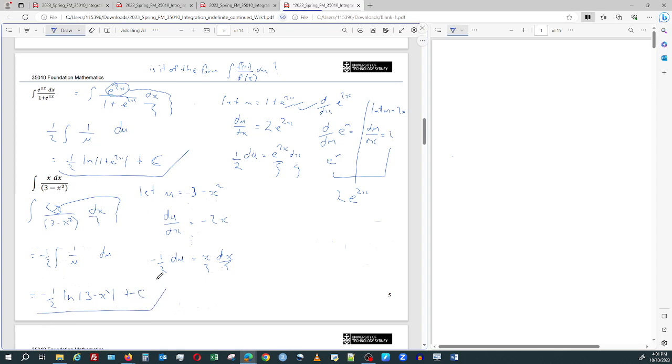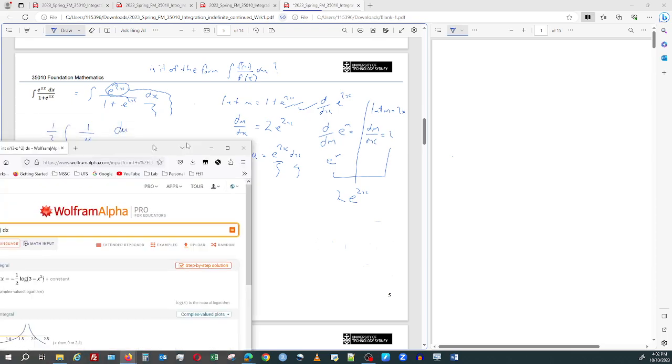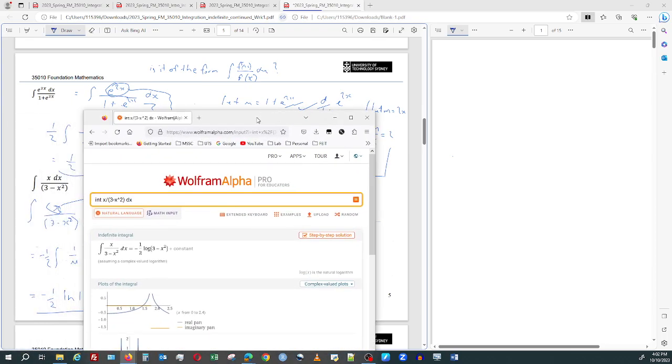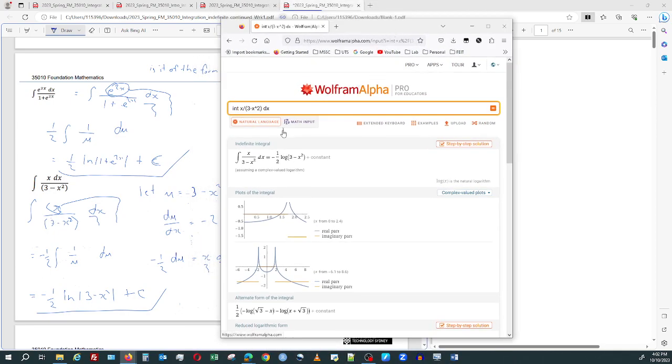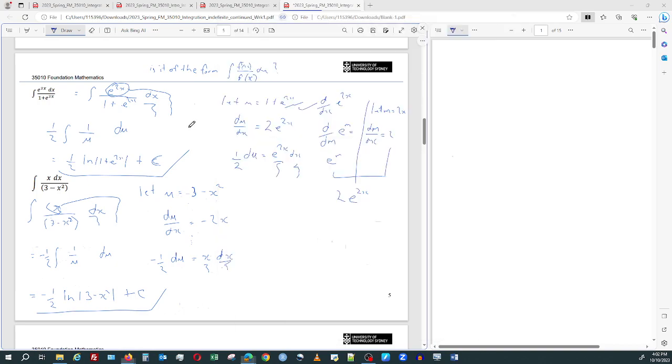Okay, very straightforward. And if we check that in something like Wolfram Alpha, it will confirm for us that is in fact what we have. Okay, so we have minus 1/2 ln 3 minus x squared plus a constant. So very good.